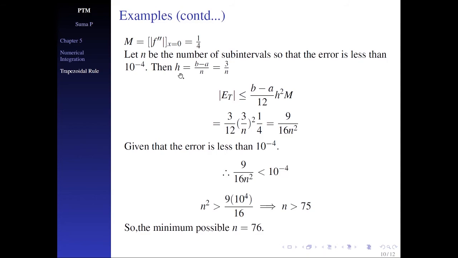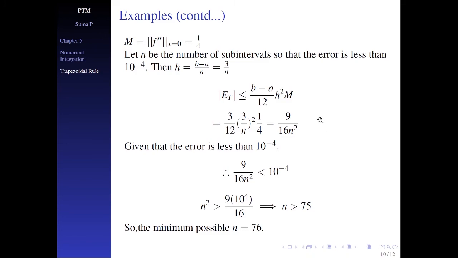Now we have h is equal to, by formula, b minus a by n, and b minus a is 3, so 3 by n. Now substituting in the formula, the error is less than or equal to b minus a by 12 h square M. That means b minus a is 3, so 3 by 12, and h is 3 by n, so 3 by n the whole square, and M is 1 by 4, and simplifying we get it as 9 by 16 n square.